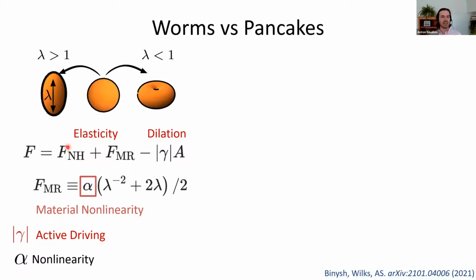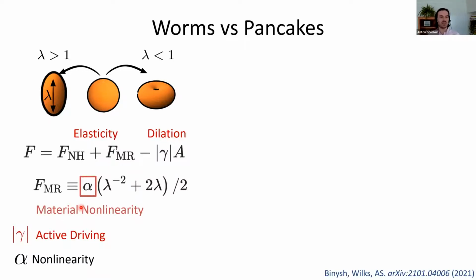But then if we add a material nonlinearity, then we get an extra parameter for nonlinearity. And we pick a specific model. If I have time towards the end of my talk, I'll mention why this choice doesn't matter so much. But the idea is that this simple model called the Mooney-Rivlin theory has a single parameter that lets us tune nonlinearity, and that has an important effect.